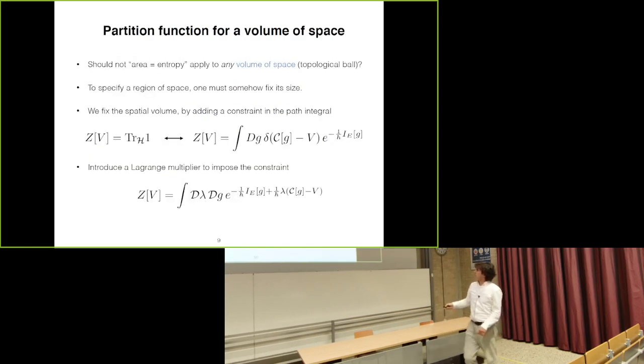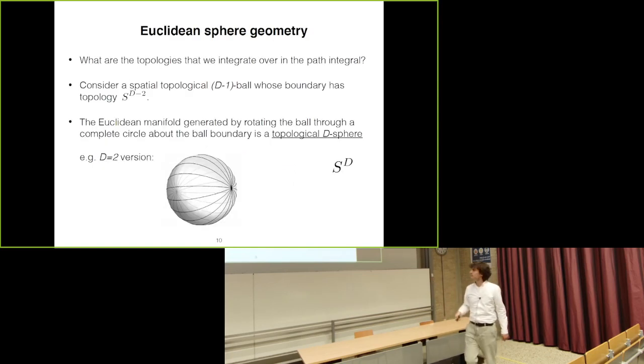Okay, so before I do this computation, let me first mention what the metrics are that we integrate over. So what are the topologies that we integrate over? What we do is we consider a topological (D-1)-ball, where big D is the number of space-time dimensions.